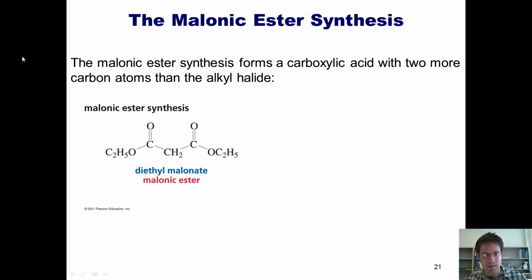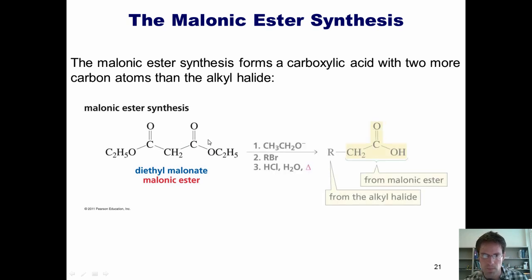Thus, if we react a malonic ester like this diethyl malonate with a matching base and an alkyl halide, and then I eventually quench with acid and heat, I can get this product, which is a carboxylic acid in which the alpha carbon here has been extended by the alkyl group chain attached to this alkyl halide. This reaction sequence is called a Malonic Ester Synthesis.